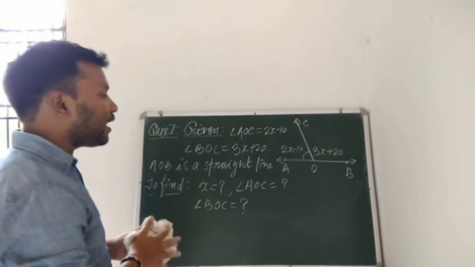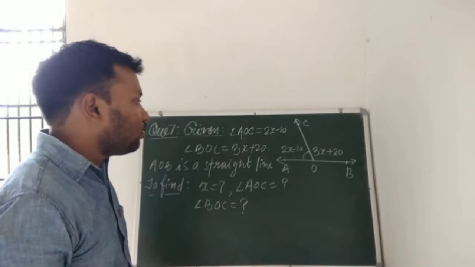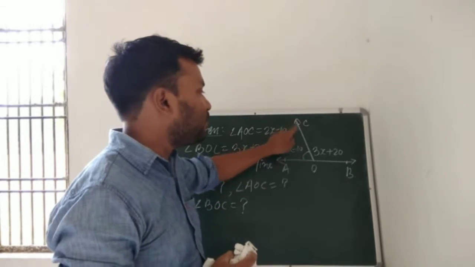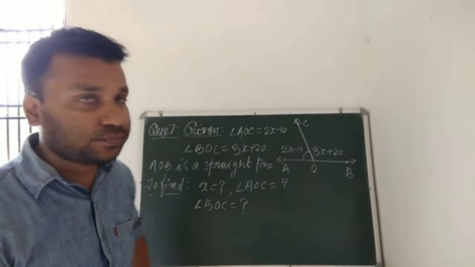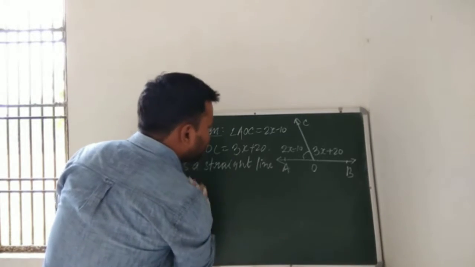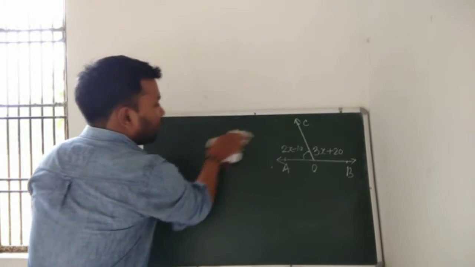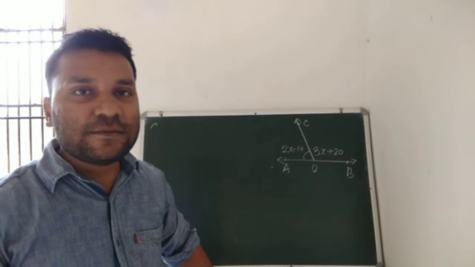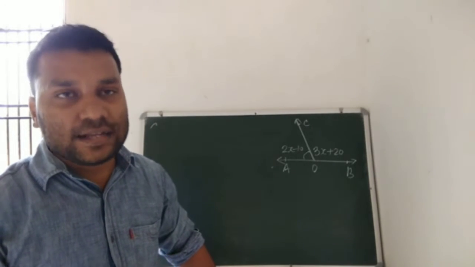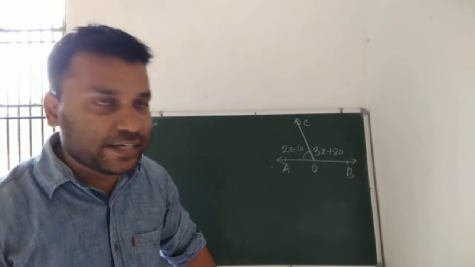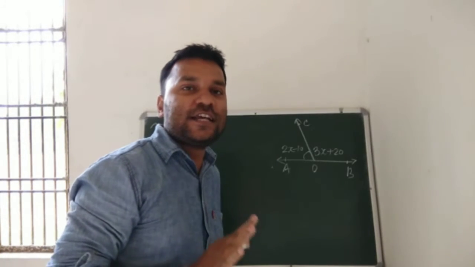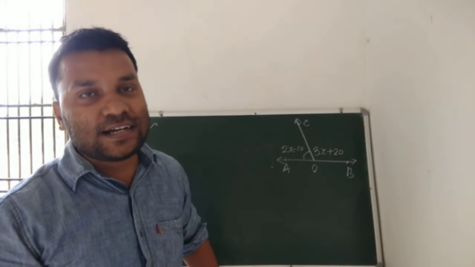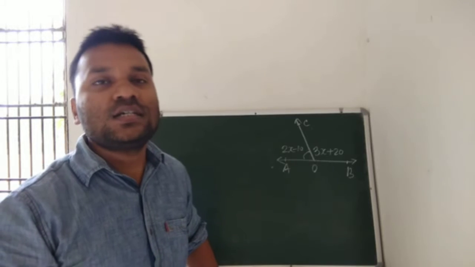Let's try to solve this question. So student, as you can see here, it is already given in the question that AOB is a straight line and OC is a ray which is standing on this straight line. So by the definition of linear pair, we know that the sum of the angles of a linear pair is always 180 degrees. And what is a linear pair? A linear pair is the pair of angles which lie on a straight line with the help of a ray.